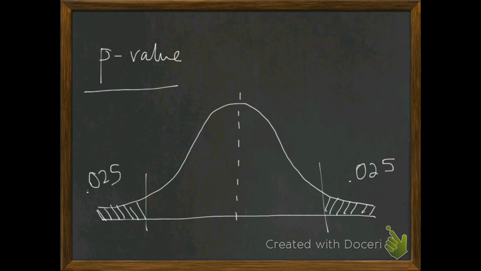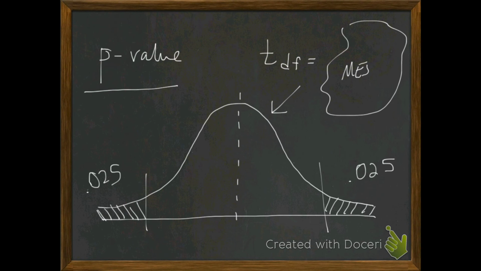Now comes the fun part. We are dealing with the t-distribution with degrees of freedom equal to that total big nasty crazy mess. And I'm just going to write mess there because it is really messy. But guys, nevertheless, we need to find that. So let's go for it.